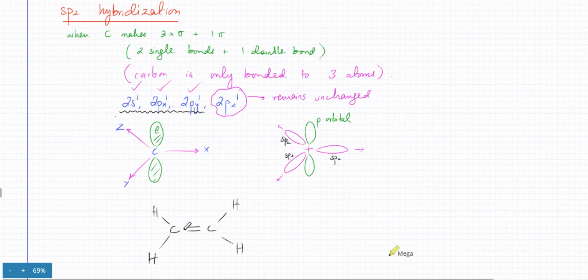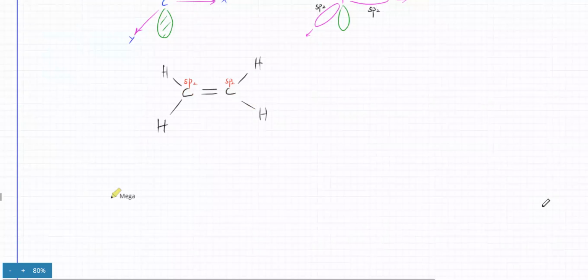Okay, so it is definitely sp2 hybridized, right? What about the other one? This one. That's sp2 as well. So both of them are sp2 hybridized. Carbon has four orbitals. Remember that.